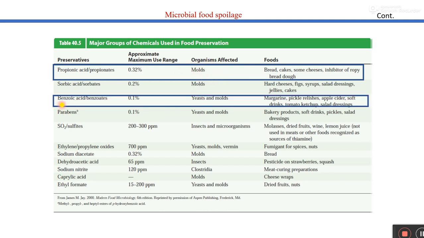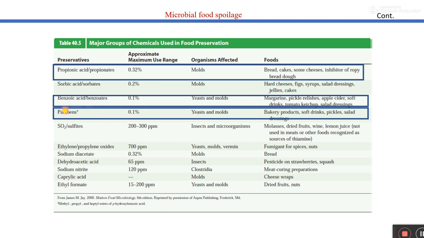The second important preservative is benzoic acid or benzoates, and these preservatives generally help in protecting margarine, pickled relishes, apple cider, soft drinks, tomato ketchups, and salad dressing from yeast and molds. And the third important preservative is parabens.